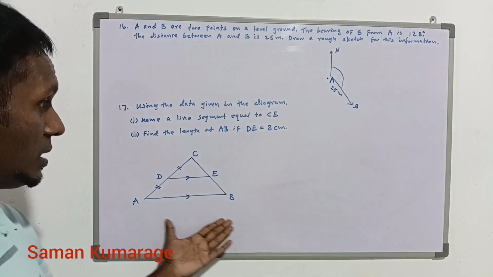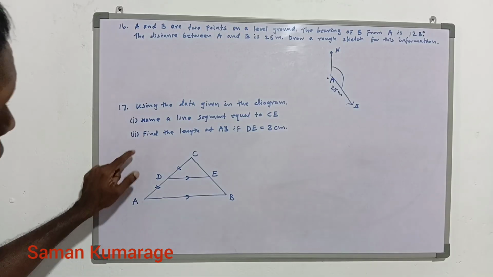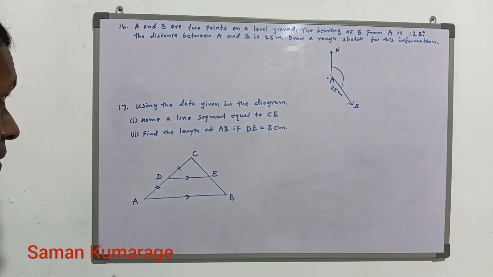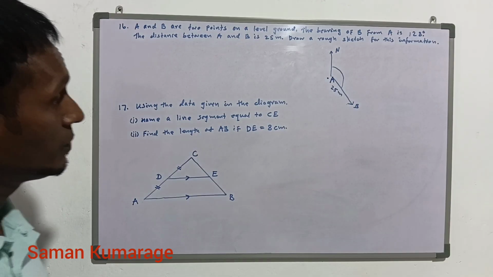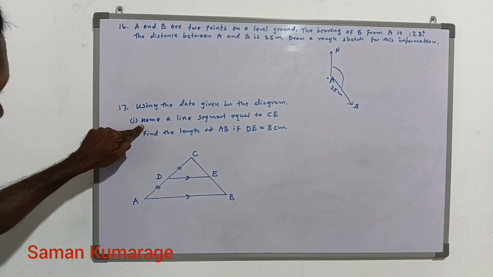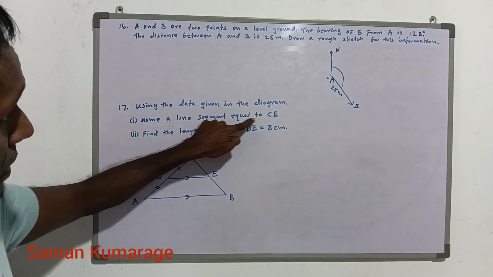Midpoint theorem is the 20th theorem we studied, and also we need to use the converse of the midpoint theorem, which is the 21st theorem we studied. So read question number 1. Name a line segment equal to CE.